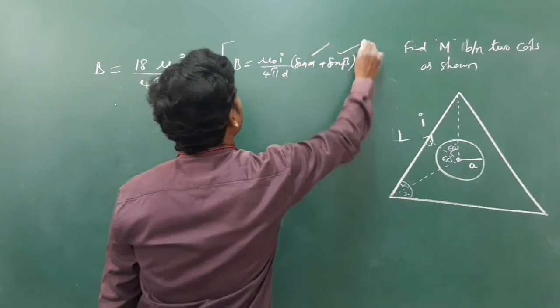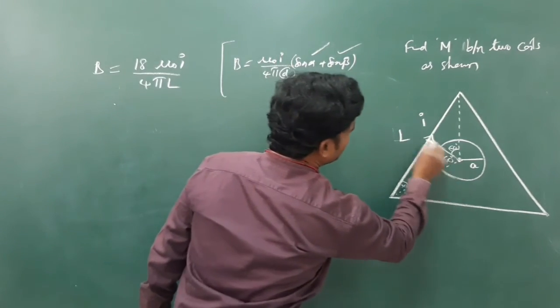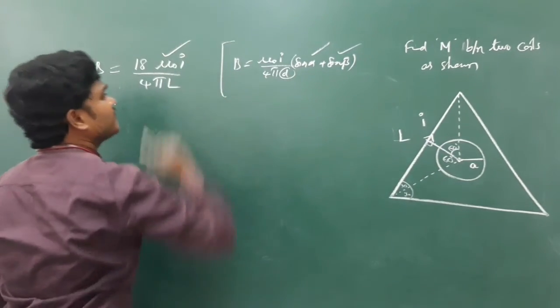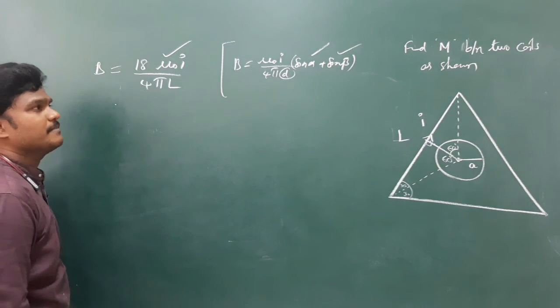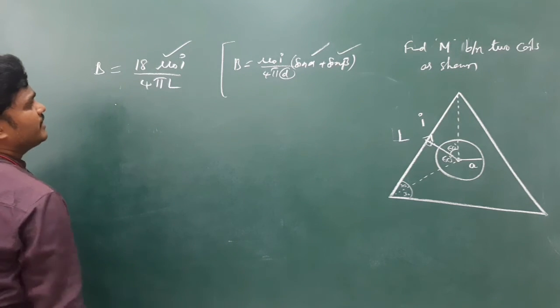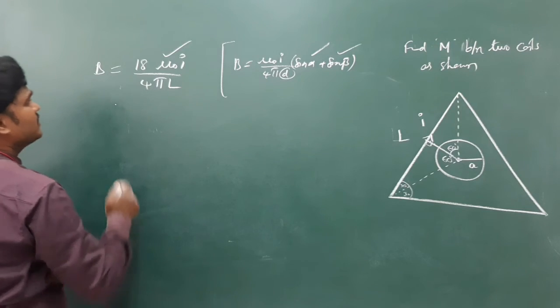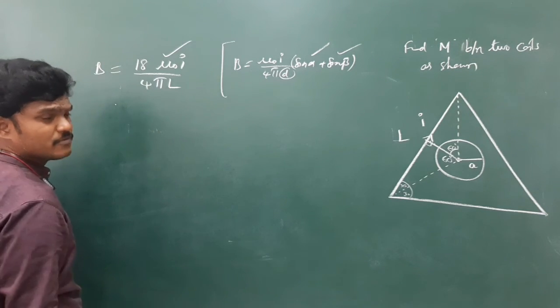Substitute alpha and beta 60 degrees and D is L by 2 root 3. You will get this one finally. Okay. So 18 mu naught I by 4 pi L. Recall the formula from moving charges and magnetism. So this is the field at the center of the triangle.